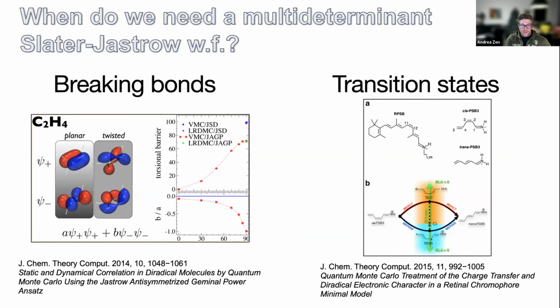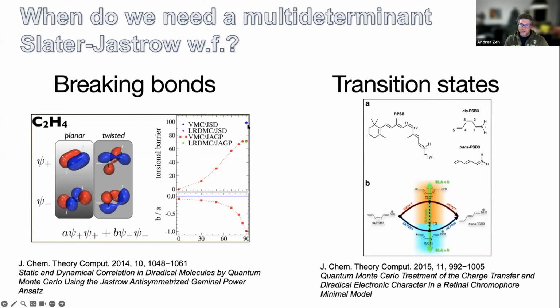This AGP indeed works pretty well. We have seen that in the past in cases where there is strong correlation. For instance, in the evaluation of the twist energy of the ethylene molecule: when the molecule is twisted, the HOMO and LUMO energies become degenerate, and one cannot describe this system with a single Slater determinant.